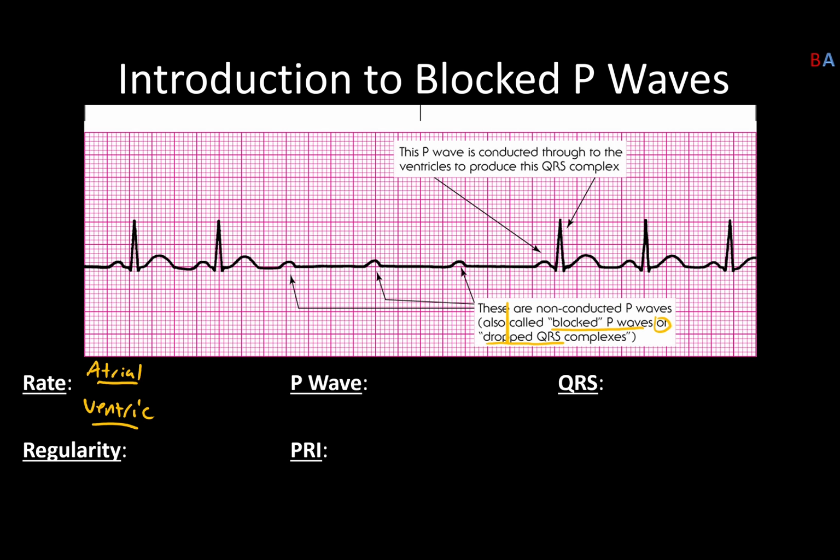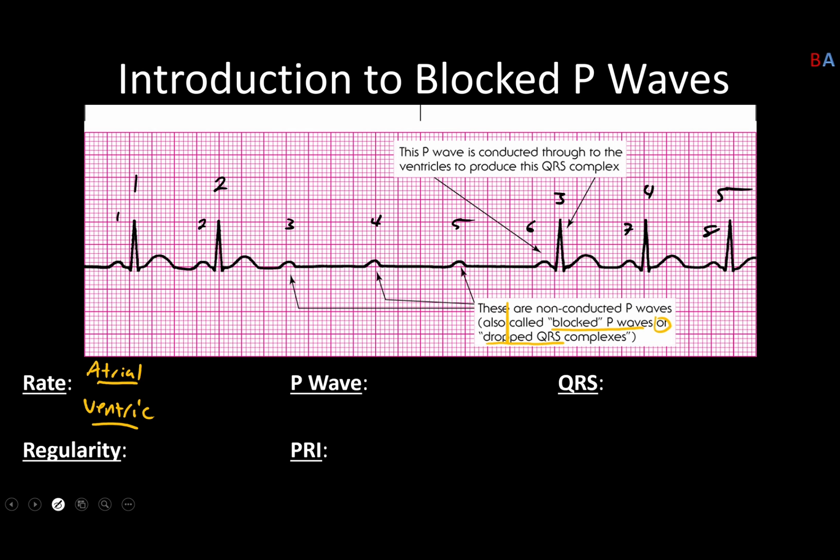So we'll start by measuring the way we always do. What's our overall rate? Well, we've got 1, 2, 3, 4, 5. But I'm also going to mark out our P waves as well. And so now we can do a few different things.